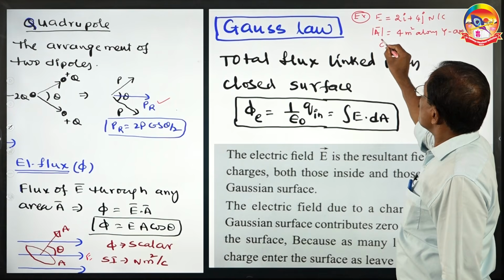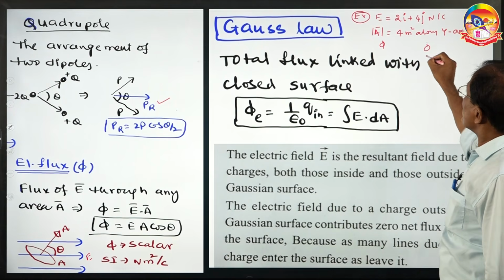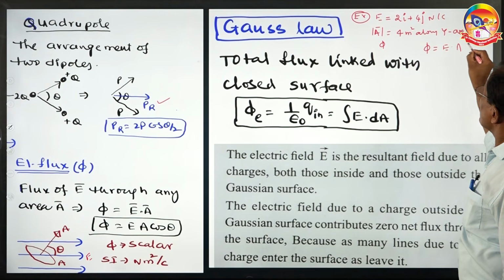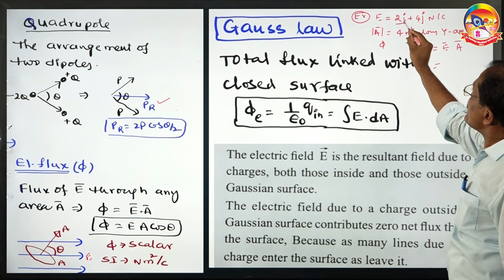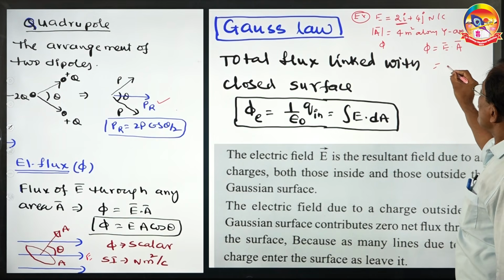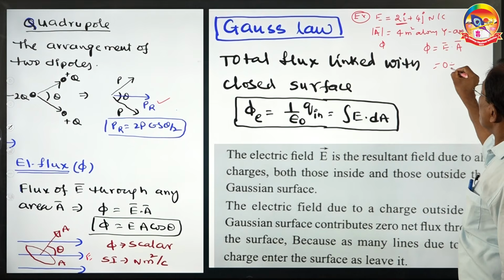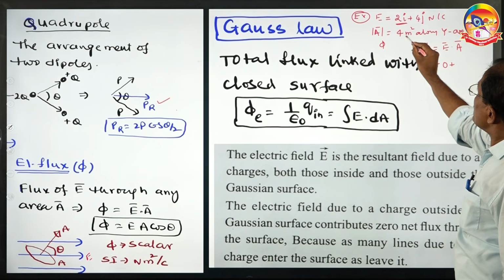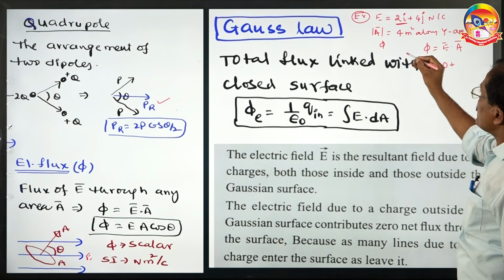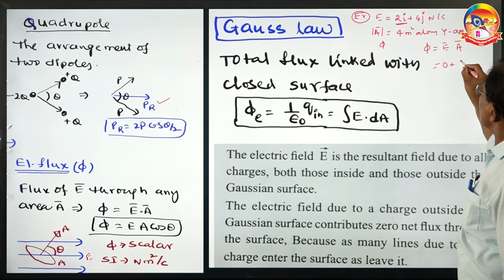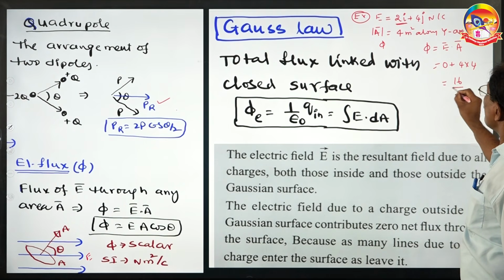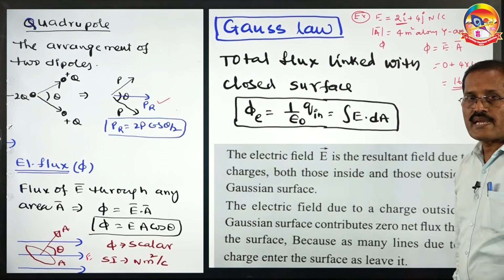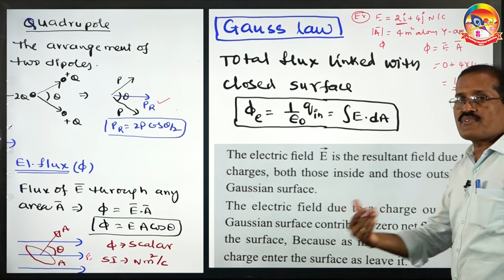Then the flux is E dot A. E dot A is equal to Ex, that means the x component is 2, but here there is no x component, so we write 0, plus the y component is 4, and the area vector is along the y axis. So 4 into 4, which is equal to 16 units, we can write it. Electric flux depends upon the surface that you take.